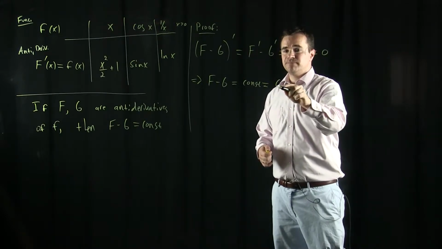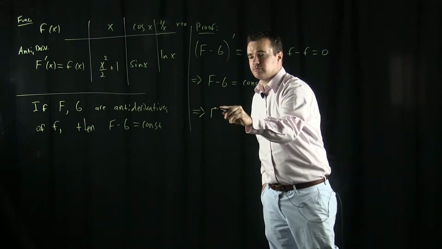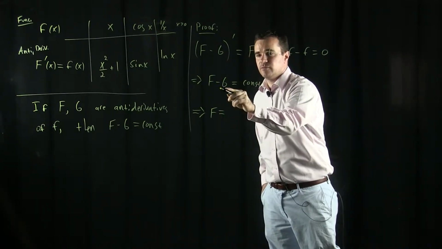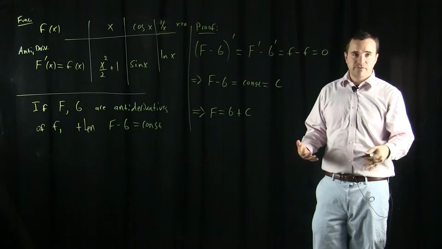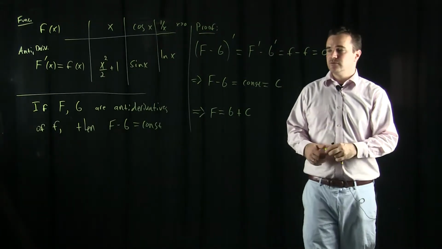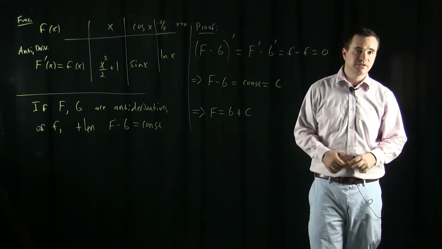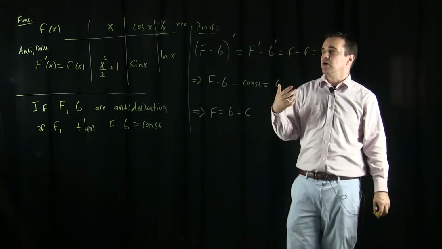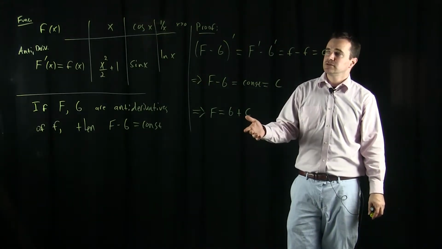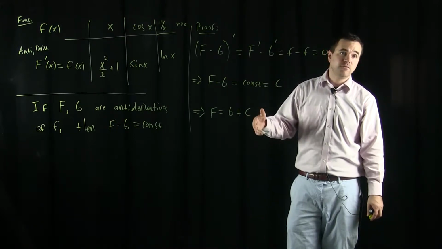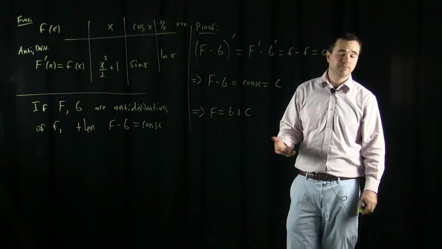I don't know, let's call it c. If you rearrange the equation, F would have to be equal to G plus c. So if you start with some antiderivative G of function f, and you pick some other antiderivative, that antiderivative must be equal to G plus a constant. You can see that happening here because x squared over 2 is an antiderivative for x, so any other antiderivative must have the form x squared over 2 plus a constant. And there that constant was equal to 1.